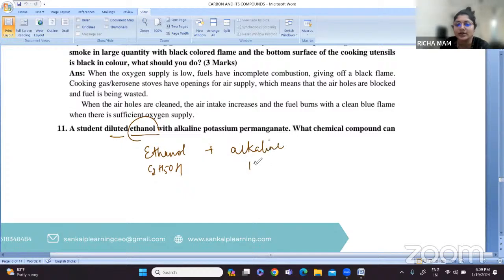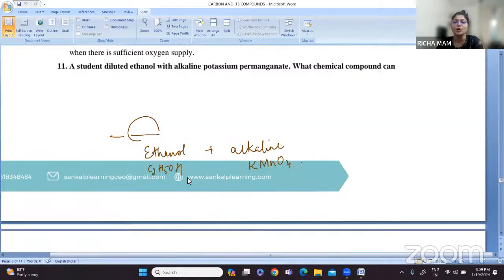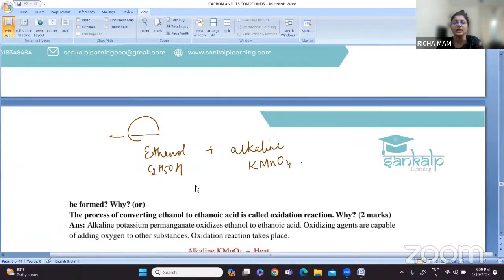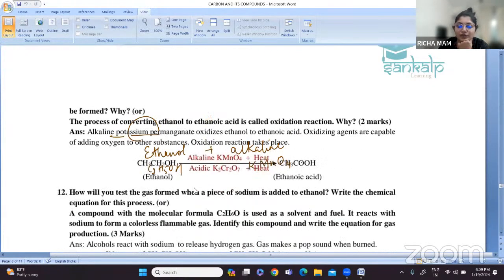Potassium permanganate is KMnO4. So the question is, when you dilute the ethanol with alkaline KMnO4, what is the chemical compound that is formed?